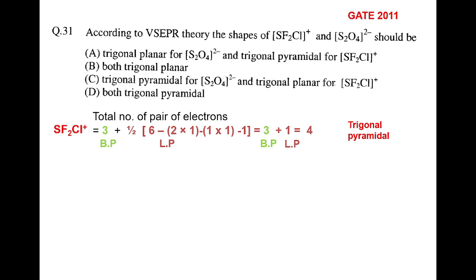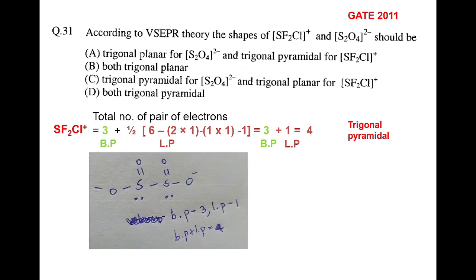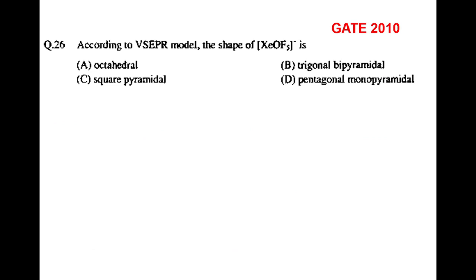So in this case, we have to see the actual structure of the compound. So this is the structure of thionate ion. In this case we will get 2 bond pair and 1 lone pair of sulfur from the Lewis structure. So if we have 3 bond pair, 1 lone pair, the shape is nothing but trigonal pyramidal. So in both cases we will get trigonal pyramidal shape and the answer is D. So this is the answer of this question. So moving to the next question.